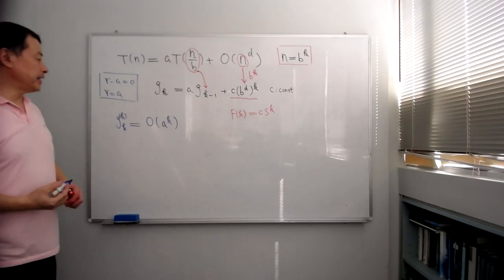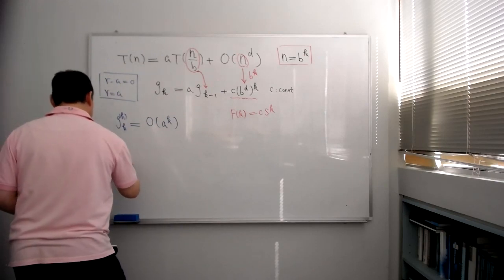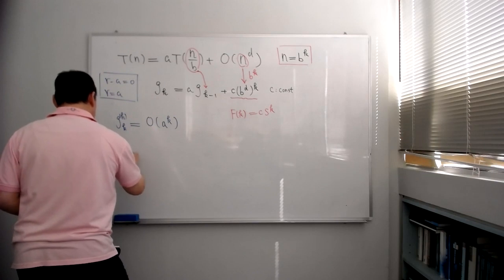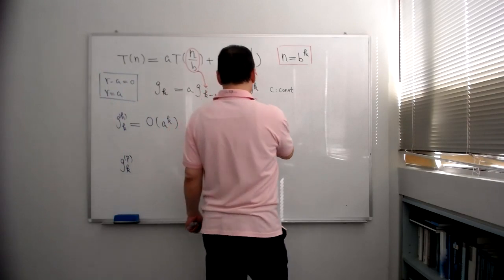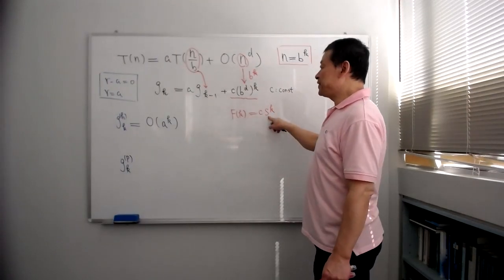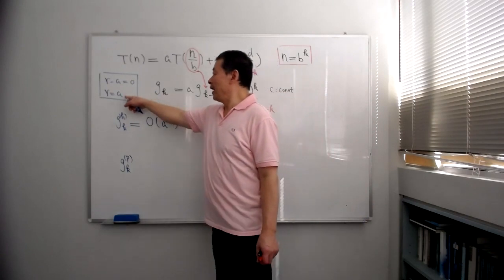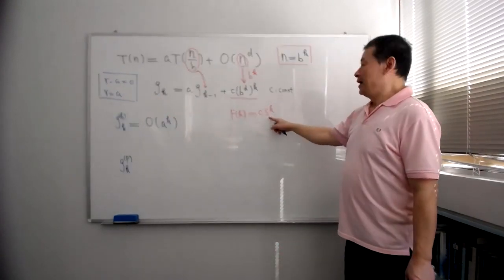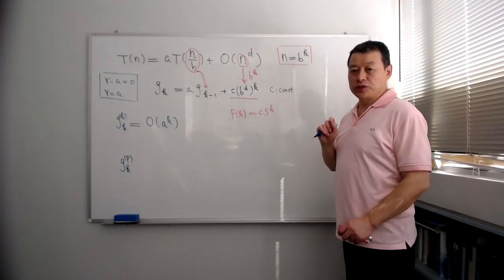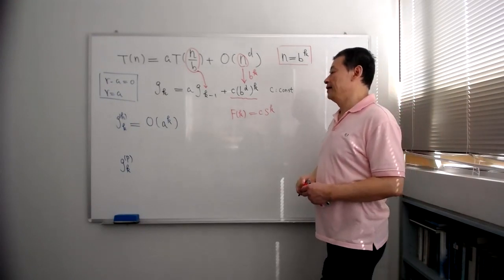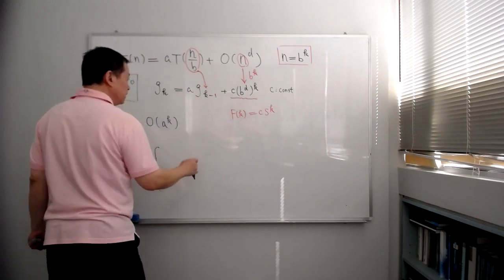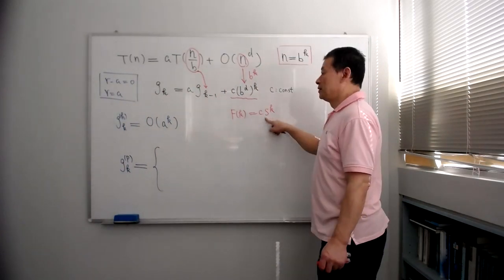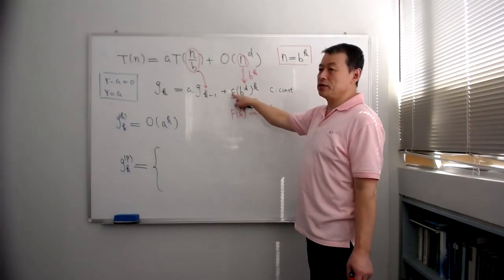Now for the non-homogeneous part, a particular solution is of the form of the non-homogeneous part if s is not equal to a. Otherwise, it will be k times this form. So there are two different situations. In big O notation, we don't need to care about the constant c.